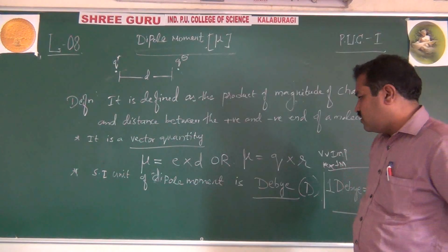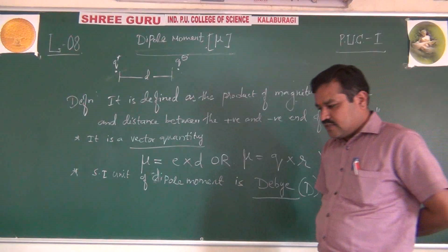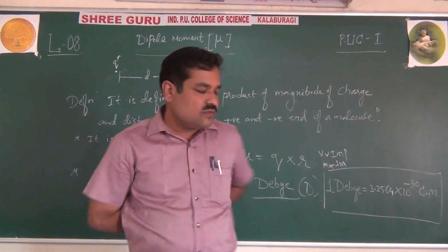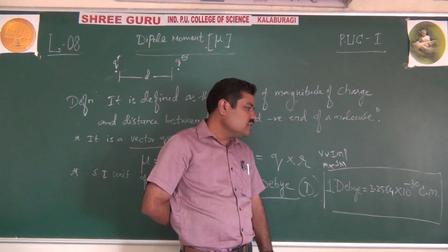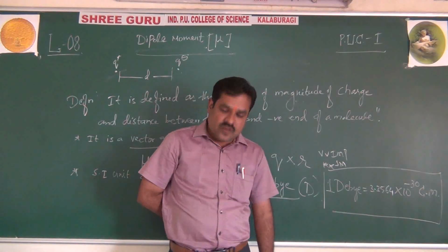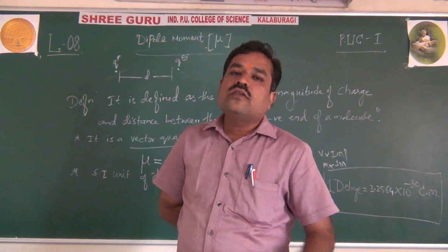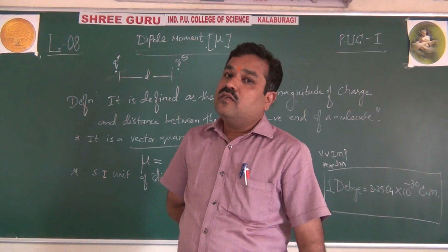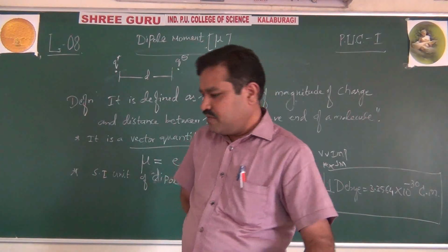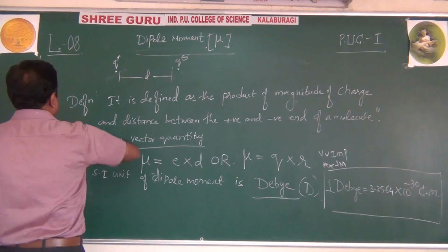It is expressed in the SI unit as 1 debye, whose value is 3.3564 into 10 raised to minus 30 coulomb meter. Now I will tell you how it helps us in determining the polarity of a molecule.